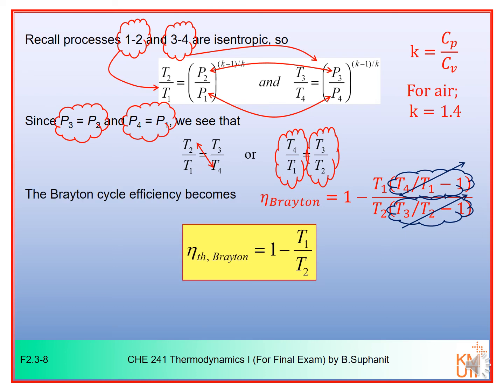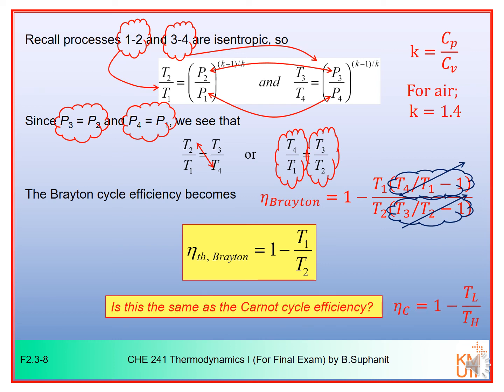This form looks pretty much like what we have found in the Carnot efficiency equation, which is 1 minus TL over TH. They look so similar, but are they actually the same? We'll see if they are different or not in the next slide.